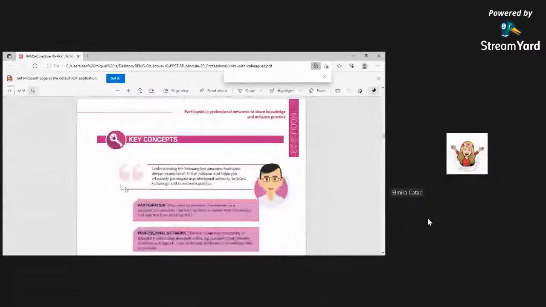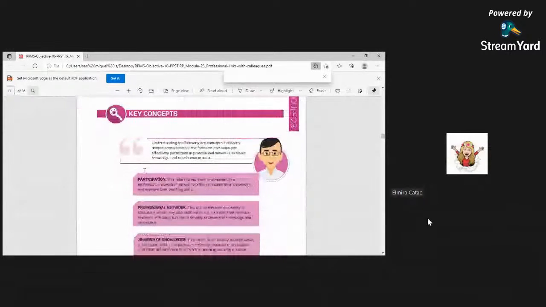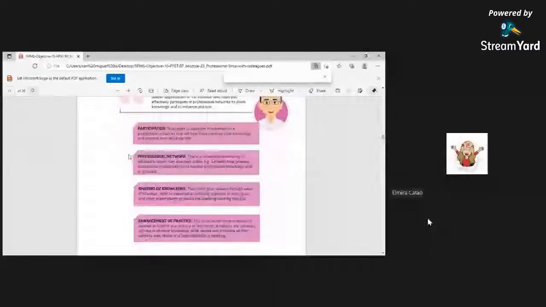There are four key concepts in this module: participation, professional network, sharing of knowledge, and enhancement of practice. As we go along, these words are often used in this module. Participation is understandable. Then let's talk about professional network.